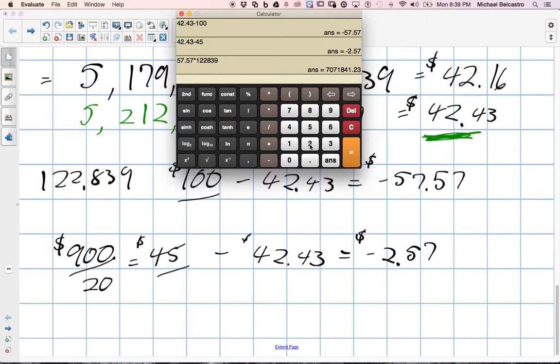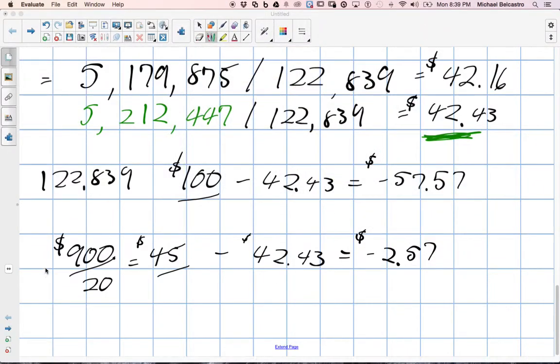The other possibility is at $2.57, for 122,839 tickets, they would only make $315,000. A significant difference depending on what rate the tickets are bought. But at no point are they going to lose any money, because the expected value is never at what the lowest possible rate you could buy a ticket is.